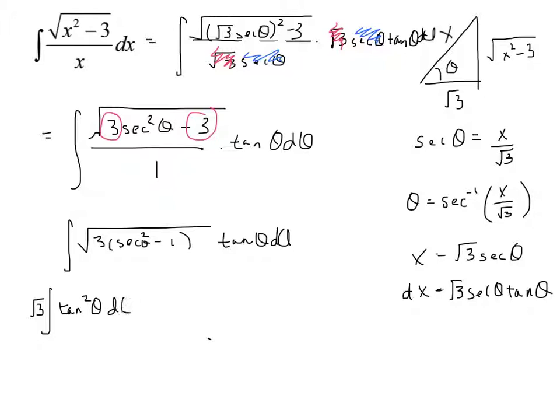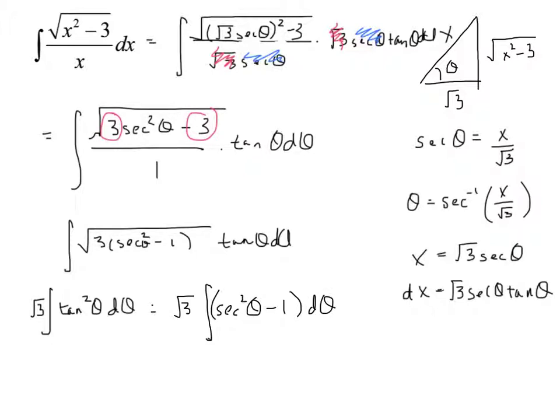So now we just need to do the antiderivative of tangent squared. Well, using what we learned the other day, we can remember that tangent squared is the same as secant squared theta minus 1 d theta. Okay, these are the same.